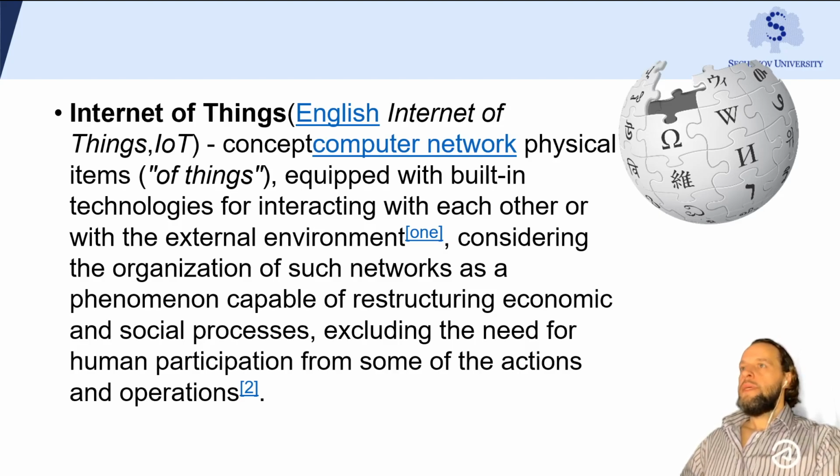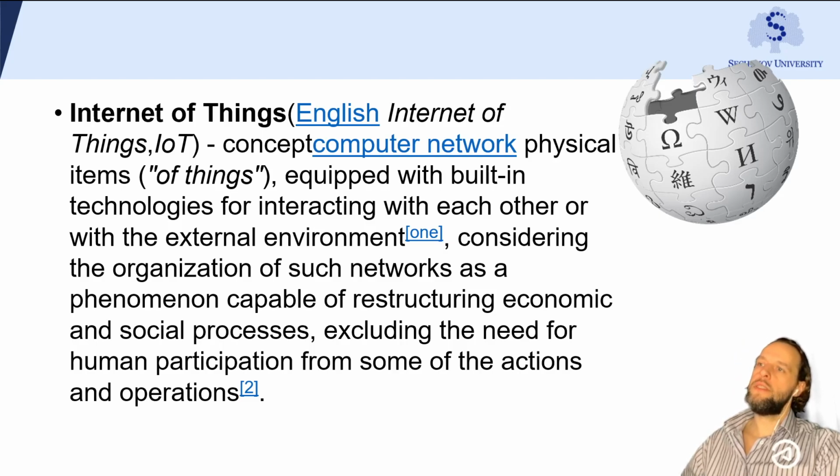In Wikipedia, we can find this definition of Internet of Things. It's a concept of a computer network of physical devices equipped with built-in technologies for interacting with each other or with the external environment, considering the organization of such a network as a phenomenon capable of restructuring economic and social processes, excluding the need for human participation from some of the actions and operations.